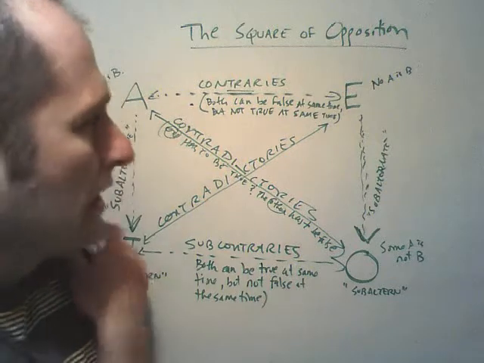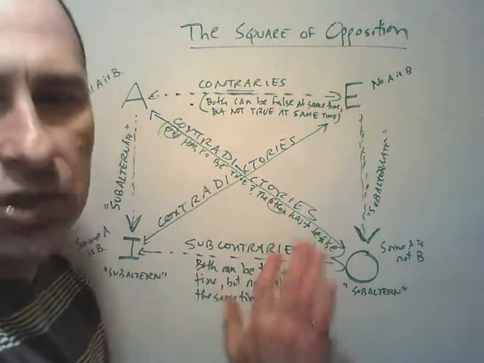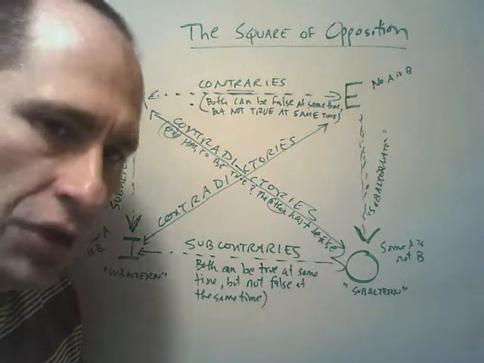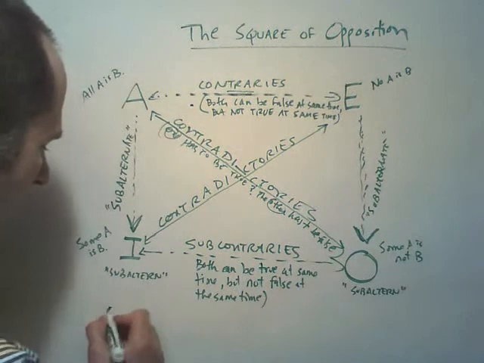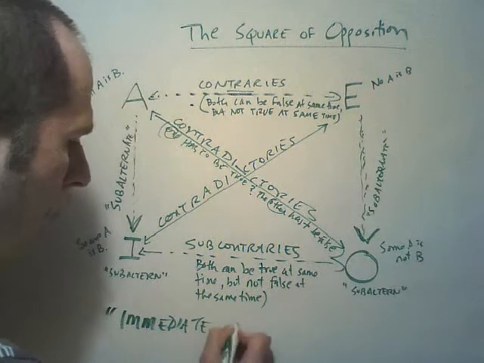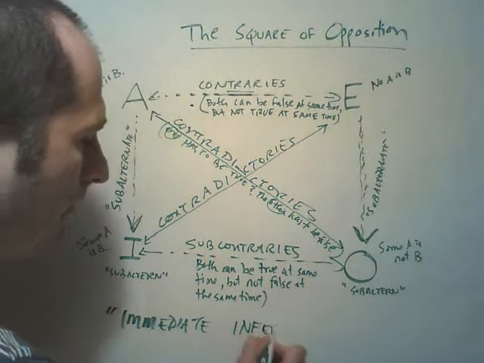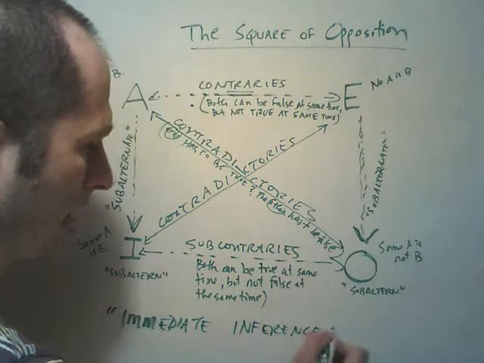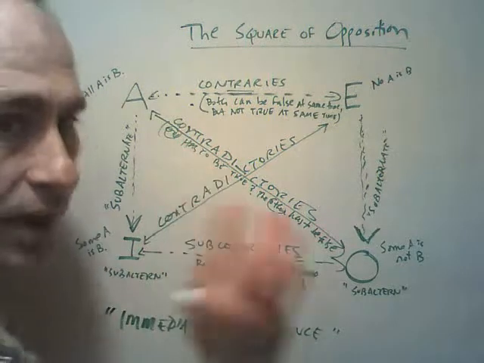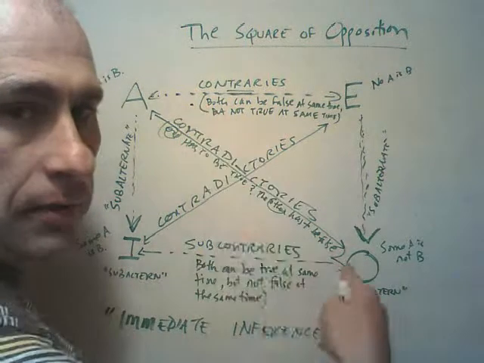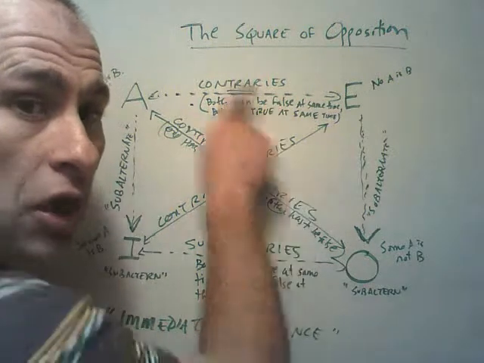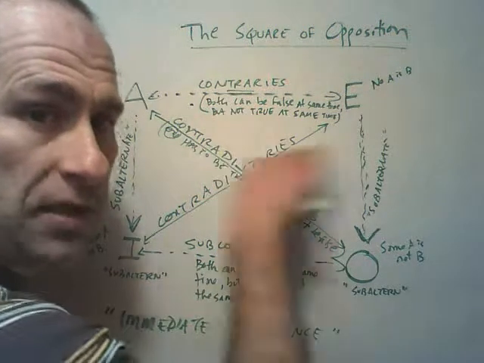But this is as far as I need to go as far as giving you the information of the square of opposition. The one thing I do want to point out here is that there's something involved here too, and it's called immediate inference. Okay, an immediate inference is that from one statement you can draw another statement as a conclusion, as long as you operate correctly in the movements of the square of opposition.